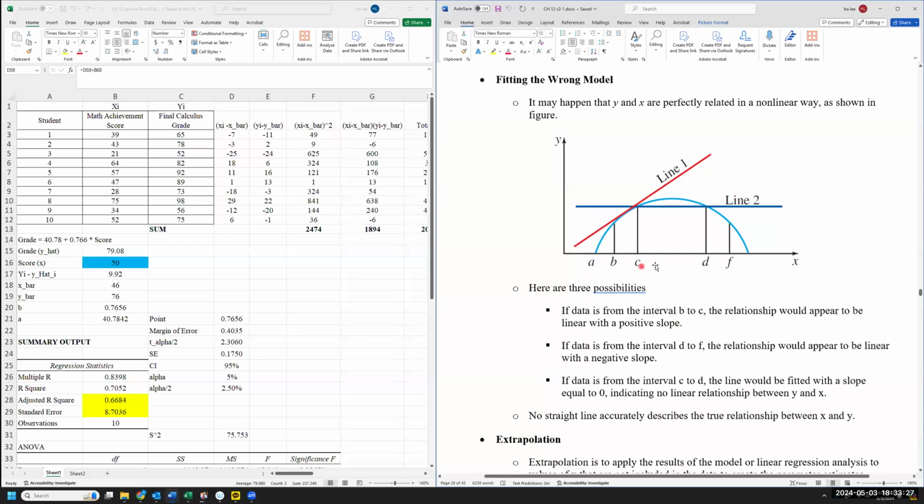Lastly, what if you get data from C to D, or even the whole spectrum from A all the way down, and you assume that the relationship between X and Y is linear?